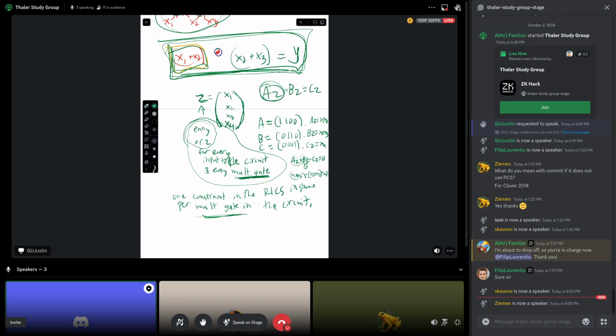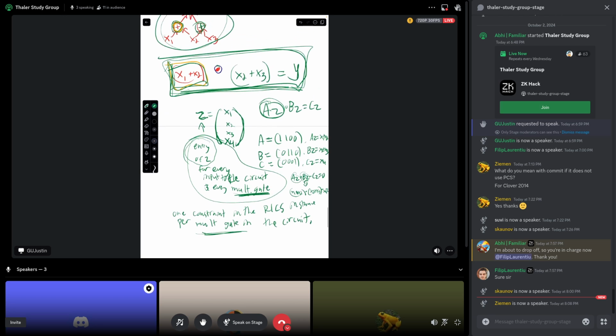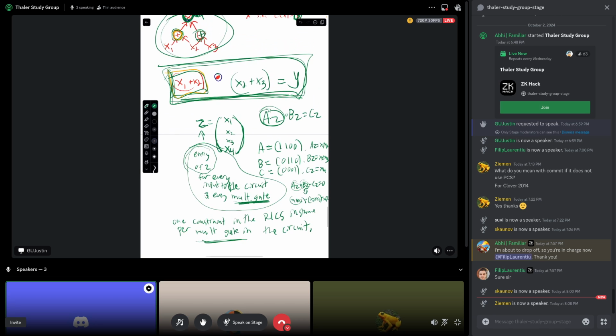Some SNARKs for R1CS have a cost profile where additions actually do cost the prover work, and others don't. Additions are free for the prover in Groth16 and Spartan, at least when Spartan is applied to circuits with repeated structure. But in PLONK and Marlin, the addition gates do have a cost for the prover.